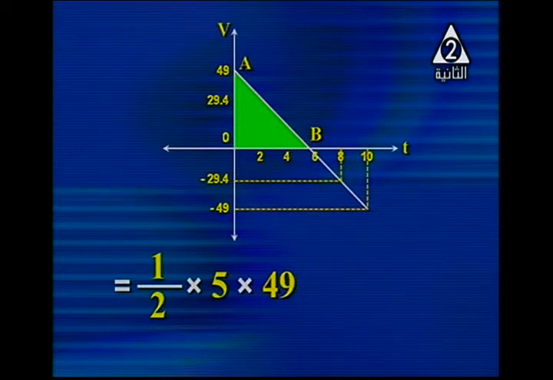Then, by using half base times height, half times 5 times 49 equals 122.5. Remember, the area of triangle AOB means the maximum distance. OB equals 5, OA equals 49, and the area of the triangle is 122.5, which is the maximum height when the particle moves.